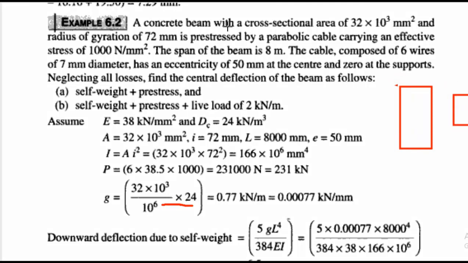A concrete beam with the entire cross-sectional area of 32 into 10 power 3 mm square, and radius of gyration of 72 mm, as mentioned in the problem, is pre-stressed by a parabolic cable with an effective stress of 1000 Newton per mm square.